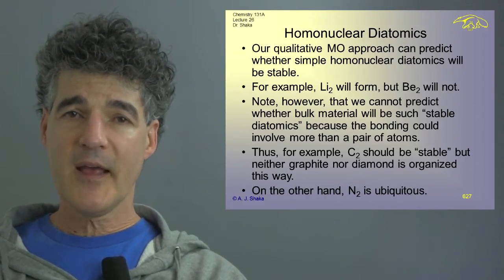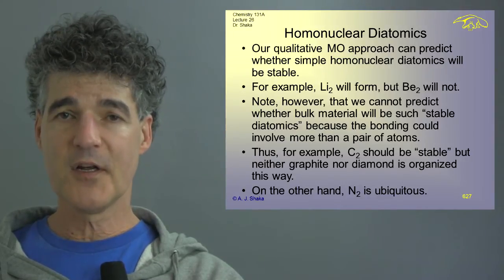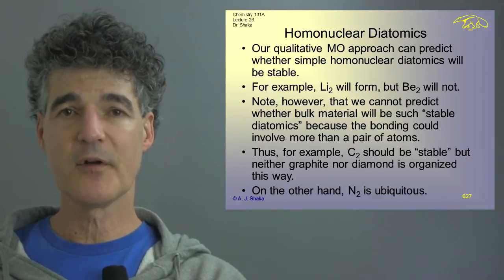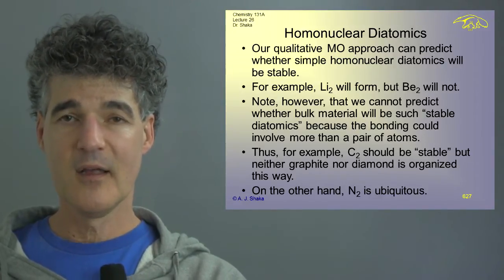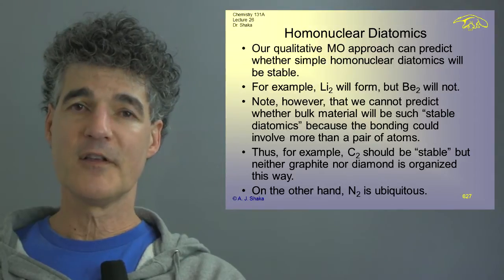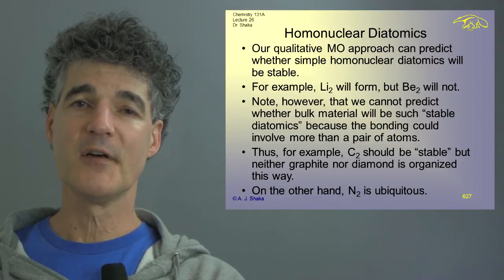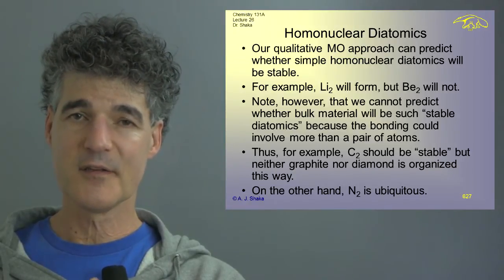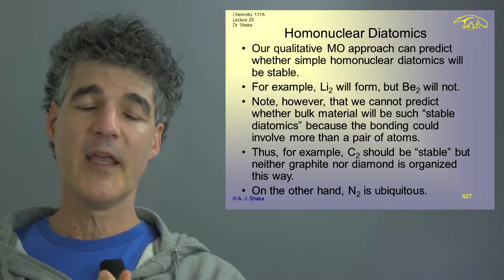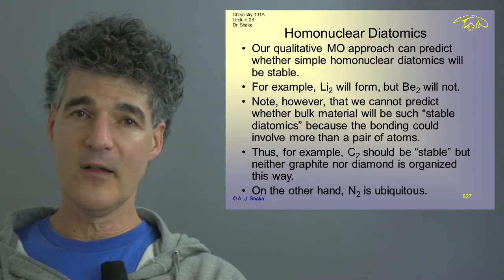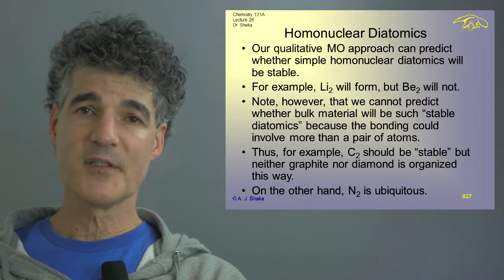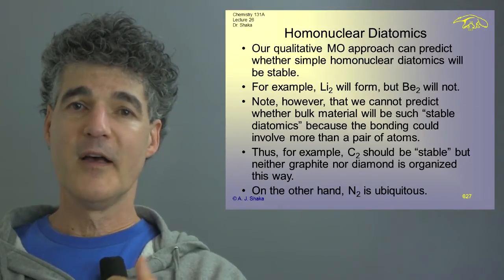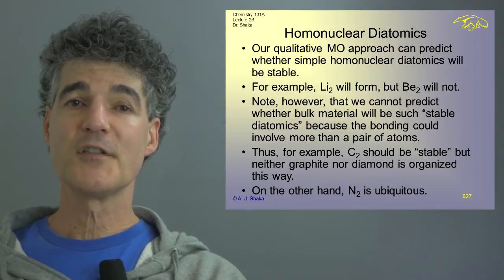However, we can't predict just on taking 2 atoms. We can predict whether the 2 atoms are stable compared to being atoms or not. But unfortunately, for the study of condensed phases in materials, which is much more interesting from a chemistry and electronics and photophysics viewpoint, we can't predict anything at all about condensed phases from this kind of analysis, because the problem is that when you have a bunch of atoms, they don't have to just form dimers.